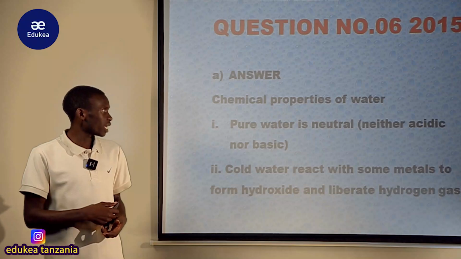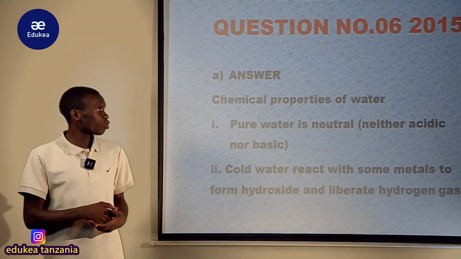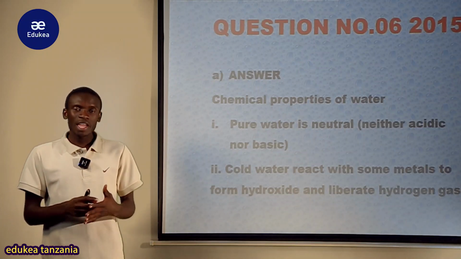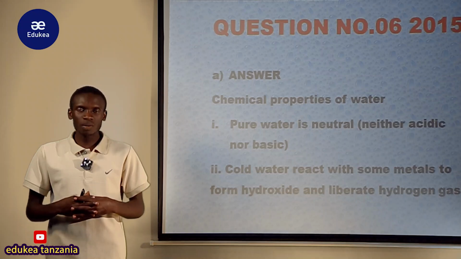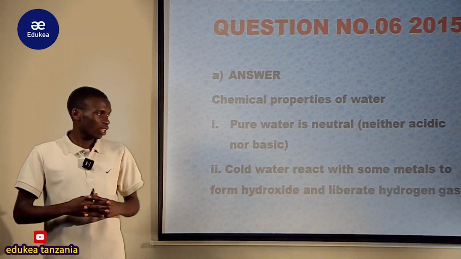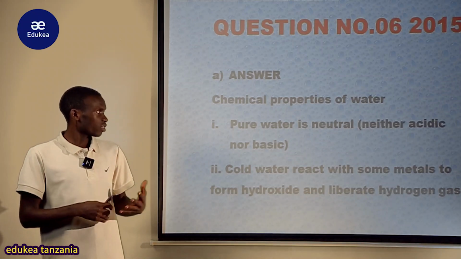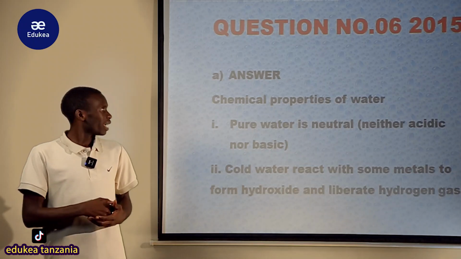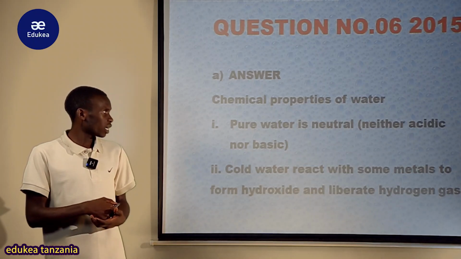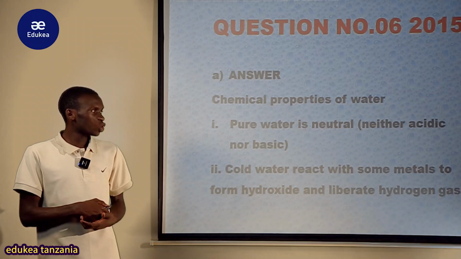Then let's start with the chemical properties of water. Which are the chemical properties of water? So here you'll see almost 3 chemical properties of water. The first chemical property of water is: pure water is neutral.